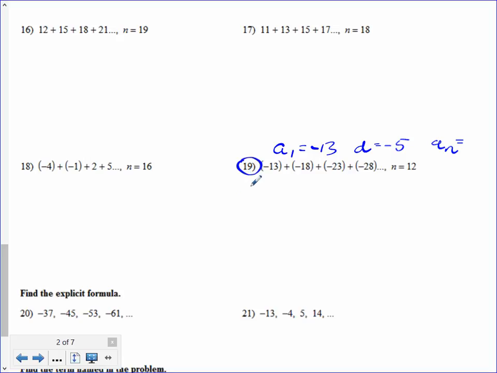So guess what you do? You do the exact same thing you just did. So the 12th term is -13 minus 5 times 12 minus 1. Well, from -13 to -18, I subtracted 5.